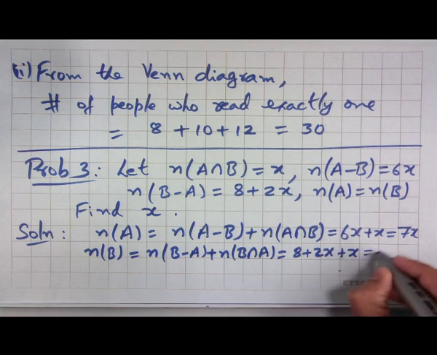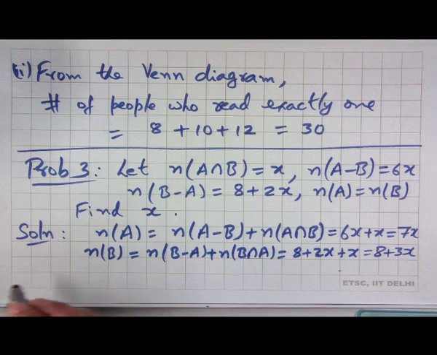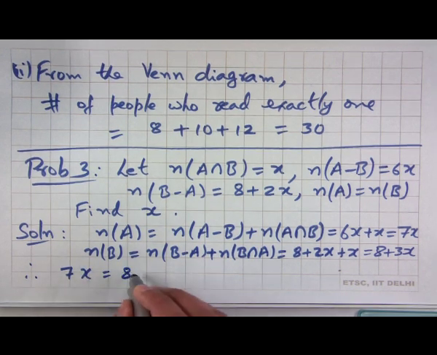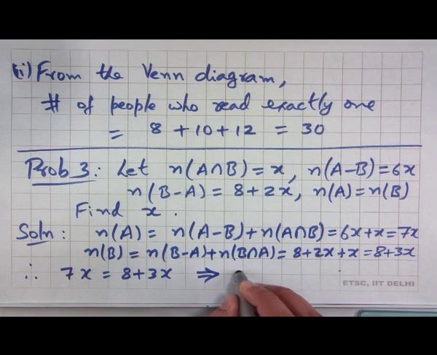So, that is 8 plus 3x, and since n of A equals n of B, we have 7x is equal to 8 plus 3x, and this immediately gives you x is equal to 2.